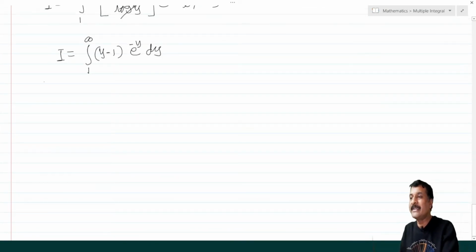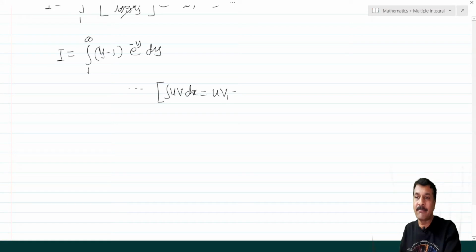So how to integrate it? U into v rule. Continue. What is it? The integral of uv dx: first constant, integration of second, minus the derivative of u, integration of v, plus, and so on; derivative and integration go with alternate sign. So here u is this, v is this one.